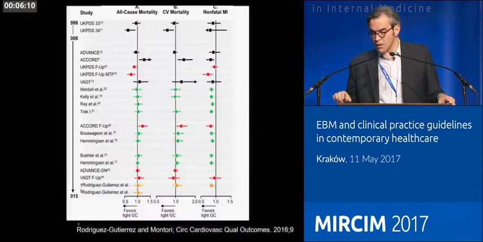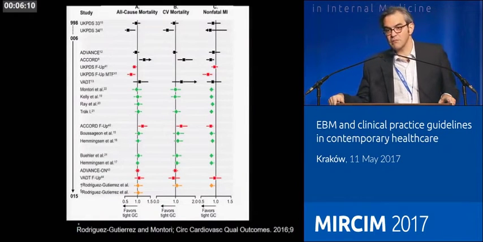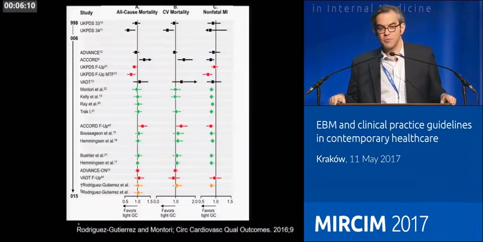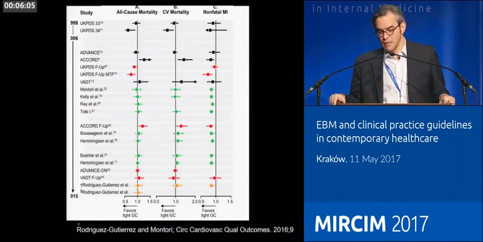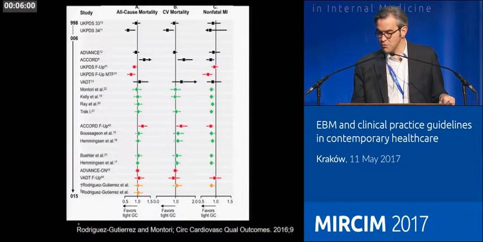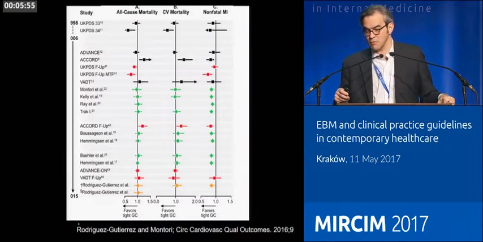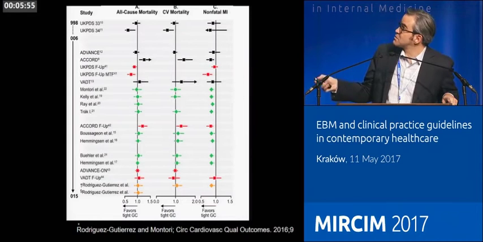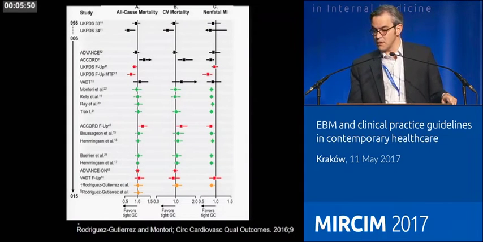So here's a result, the body of evidence of glycemic control. At the top, you can see the UKPDS trial that I was discussing just a few minutes ago. And I've chosen 3 of the outcomes that perhaps matter to most people: all-cause mortality, cardiovascular mortality, and non-fatal MI. The UKPDS trials are on the top, and you can see in 1998, there's a gap until 2006 when a series of other trials show up.